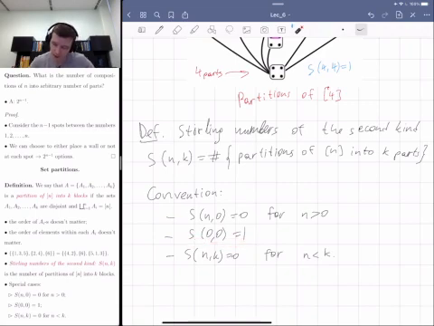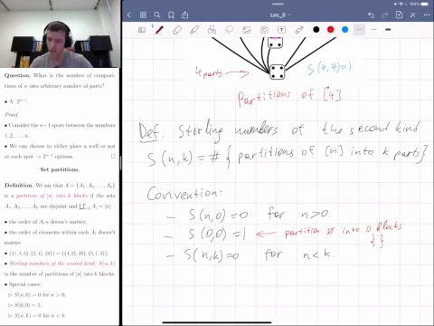So maybe I should write it down. This is a degenerate case where you partition the empty set into 0 blocks. And indeed you can do that. You can just take your partition to have no blocks, so the union of the A_i is the empty set. It completely makes sense.